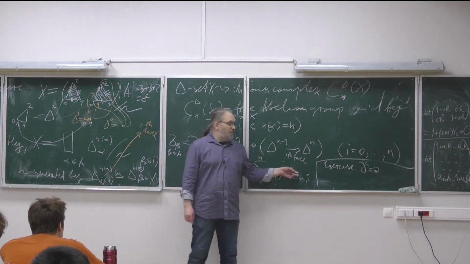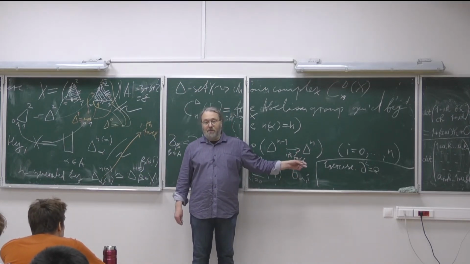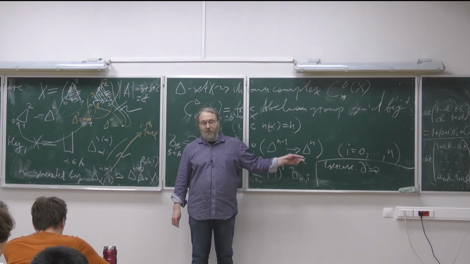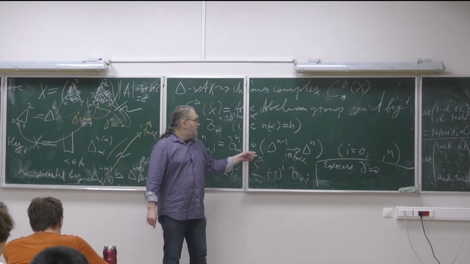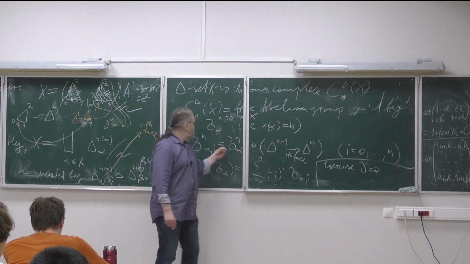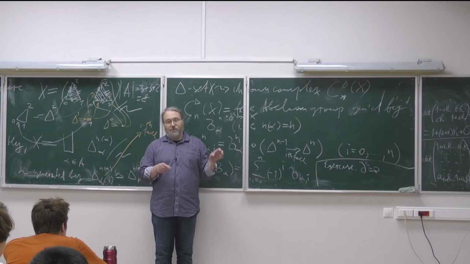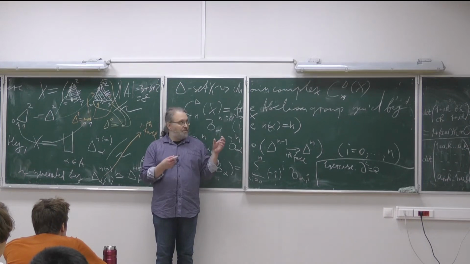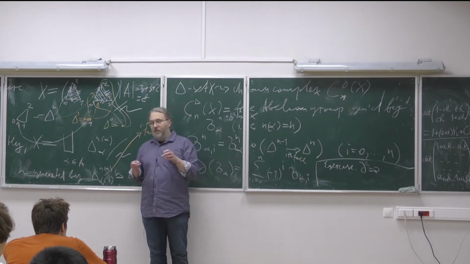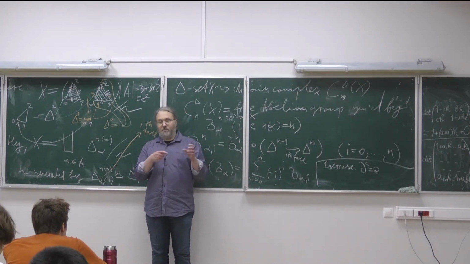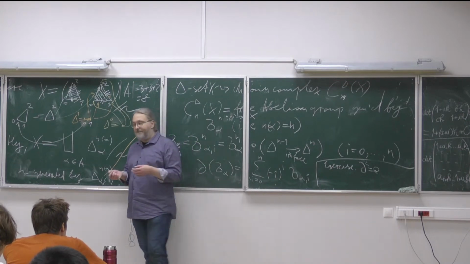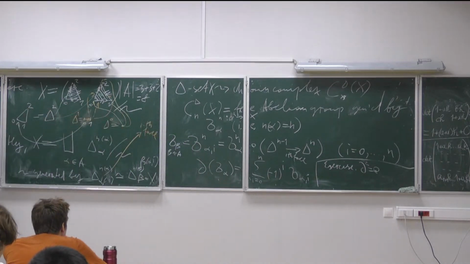Basically, when we apply delta twice, we get a sum over the restrictions of this sigma alpha to the faces of dimension n minus 2, and each face will occur once with the plus and once with the minus. Does this make sense? Okay.